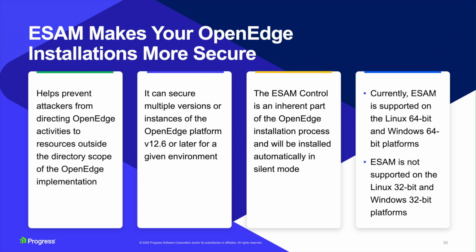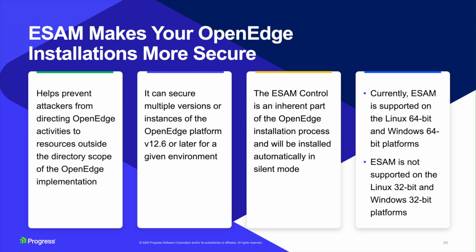What that means is, ESAM secures an OpenEdge platform, and it prevents hackers from redirecting OpenEdge activities to something outside the installed OpenEdge platform directory. It can actually manage and secure multiple OpenEdge platform instances on a particular server or virtual environment.